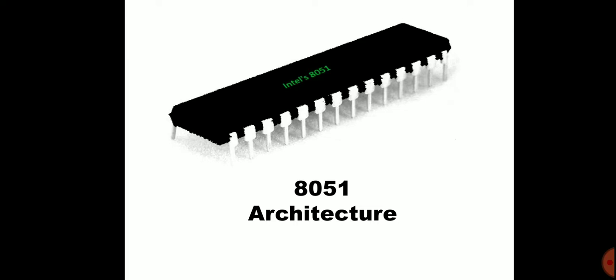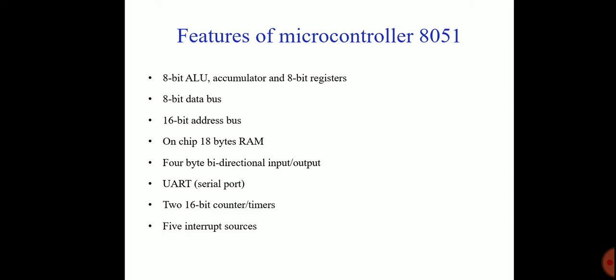In this architecture there are several applications and features. First of all, I explain the features of the 8051 microcontroller. The 8051 has an 8-bit ALU, that is, the arithmetic logic unit, an accumulator and 8-bit registers, and it has an 8-bit data bus and a 16-bit address bus.